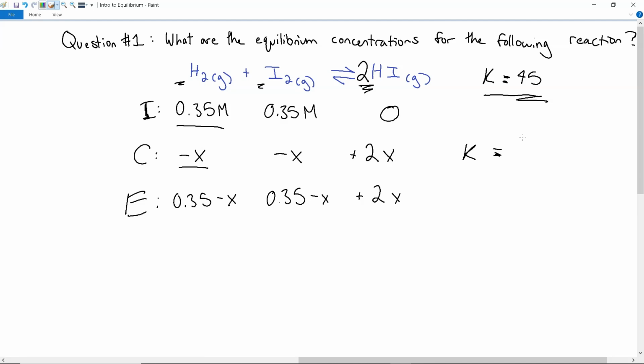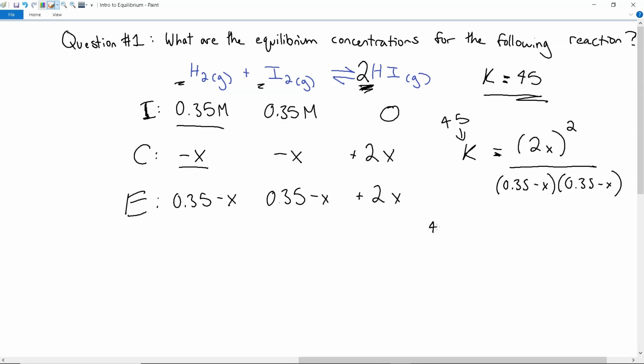So hydrogen iodide, our equilibrium concentration is represented by 2x, and we need to put that to the power of 2 because of our mole ratios. And then down here, we have 0.35 minus x times 0.35 minus x. We also have our K value.